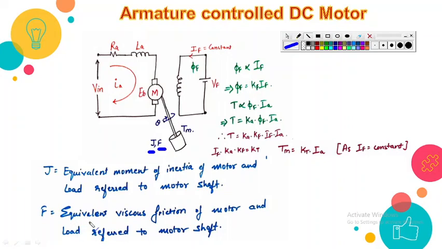F is denoted as the equivalent viscous friction of motor and load referred to the motor shaft. Here we have not taken the damping value, but in some cases we can take that also. You already know the relation between the torque and these elements, so that can also be incorporated.